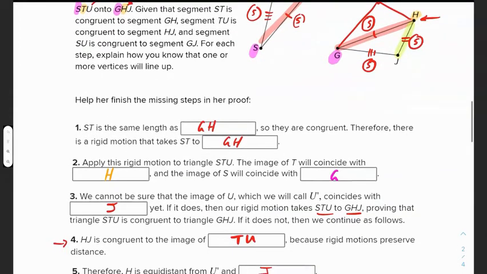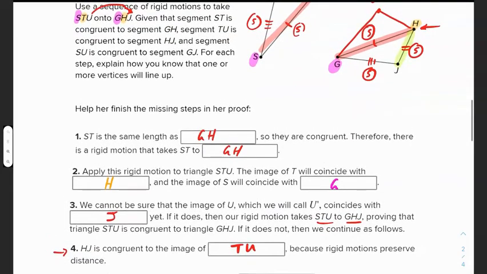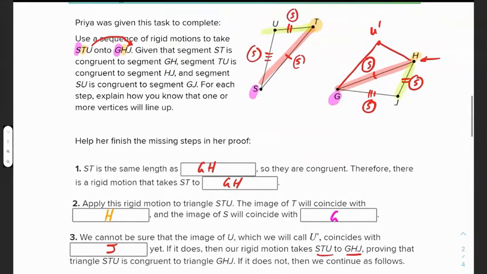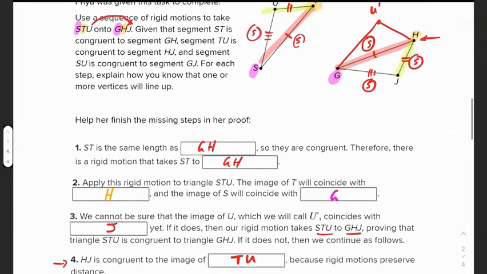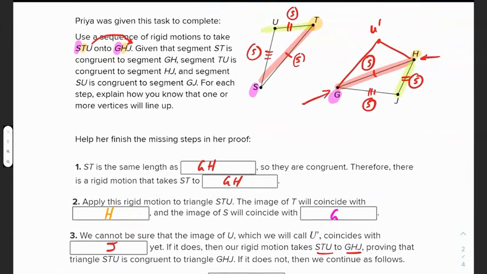All right, a similar argument shows that G is equidistant from U prime and who? So here's G. It's definitely equidistant between U prime and who? Hopefully you said J. Okay.